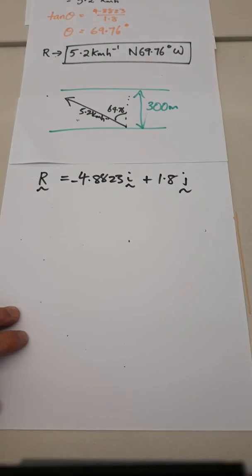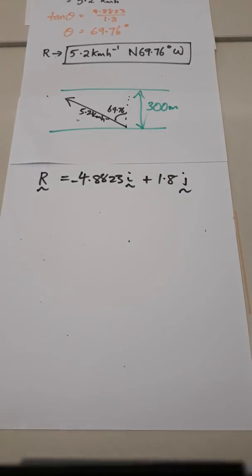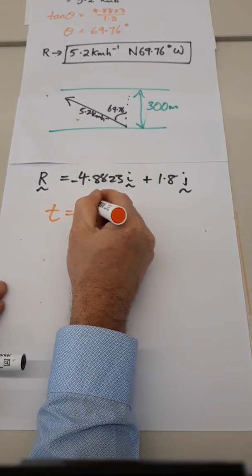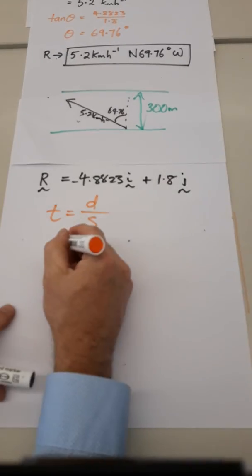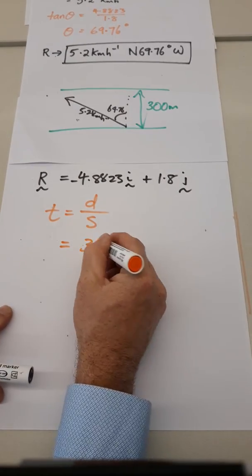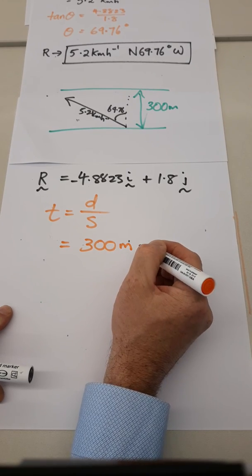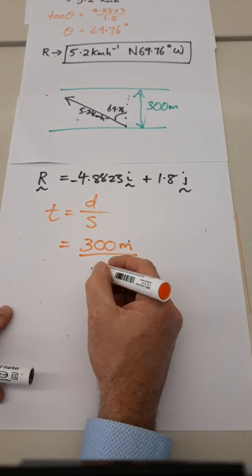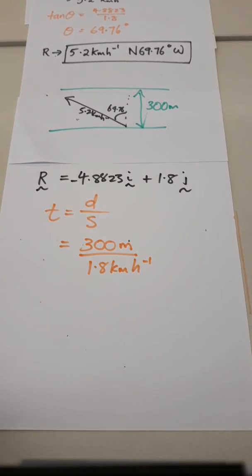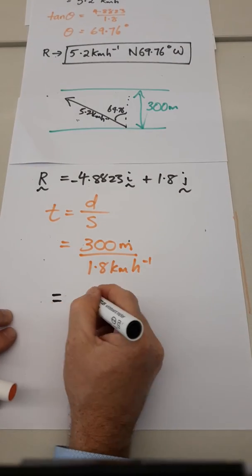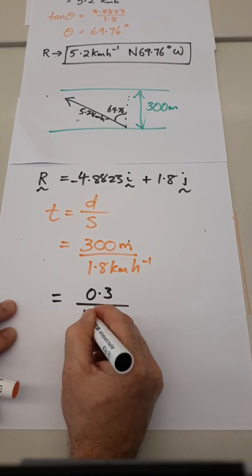So, like before, we're trying to find the time, and we said that time is equal to the distance on the speed. So it's equal to the 300 metres across the river on the speed, which is 1.8 kilometres per hour. We're going to do everything in kilometres, so it's 0.3 on 1.8.